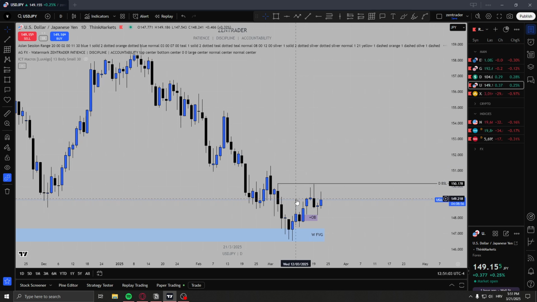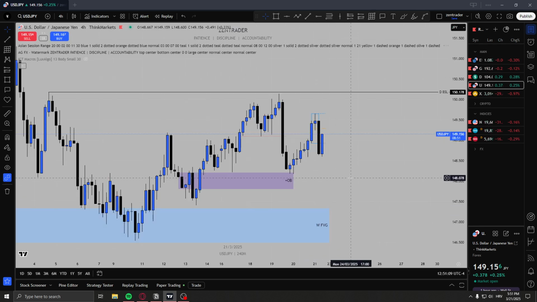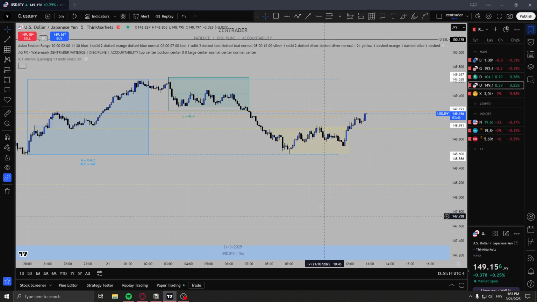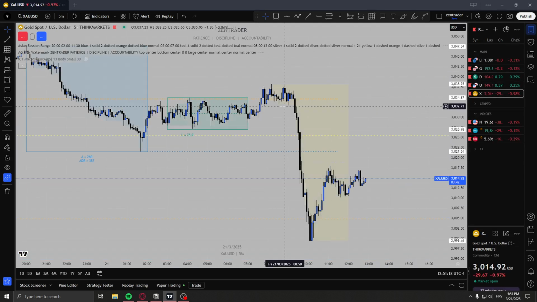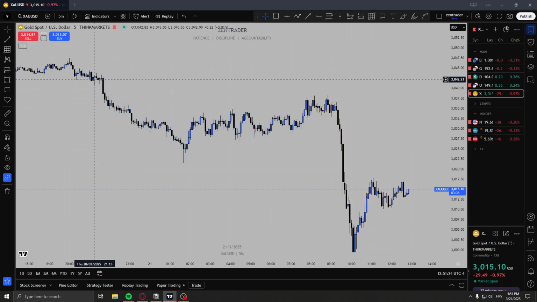Why? Because we made the break of structure and then we retraced back to the daily order block. So from there, I'm expecting bullish price action, which is why I expected price to sweep the low for me to target the high. So this trade I didn't consider taking. As for gold, we didn't get any sweep in my time, so no trade in terms of London session.